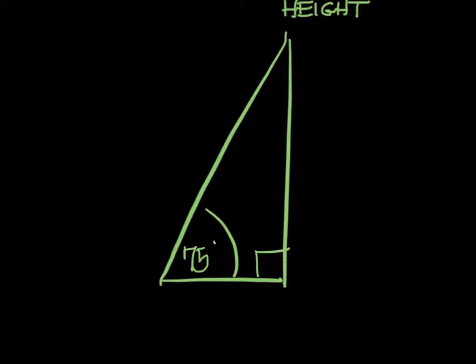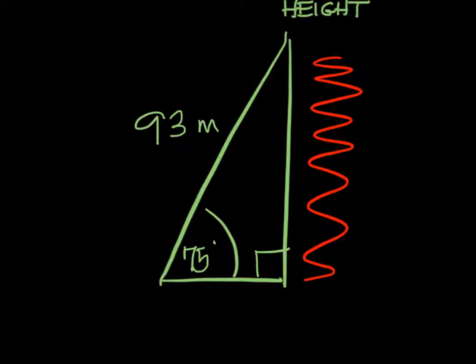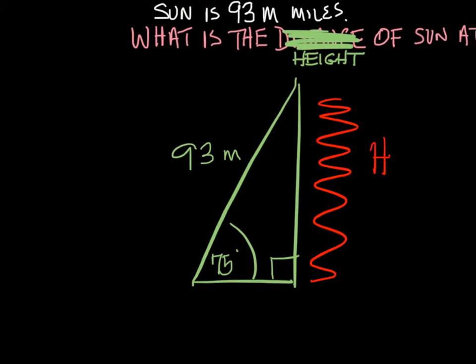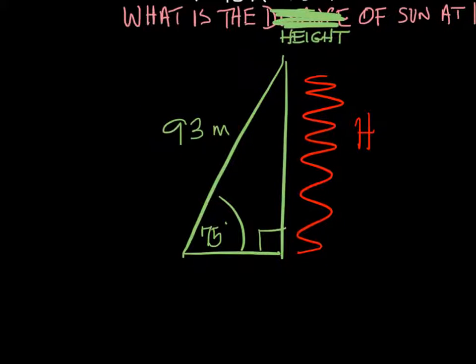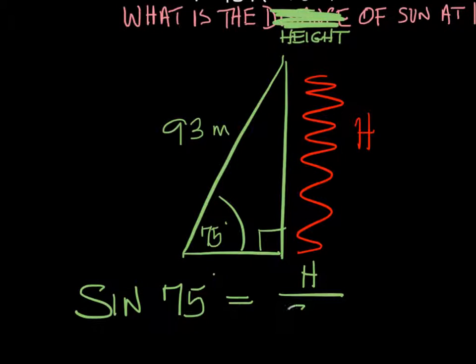This is a right angle. The distance of the sun is 93 million miles. We're looking for the height, which is this, and we'll call that h. Clearly that is the opposite side of the 75 degrees. So sine 75 degrees equals opposite h over 93 million. We'll just leave it as 93.